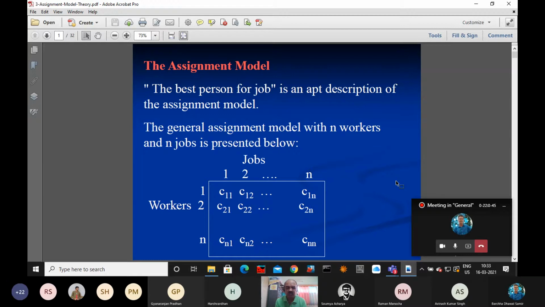With respect to the cost Cij, something like C11, C12, C1n, C21, C22, C2n, and so on, these are the cost matrix or time matrix. The time and the cost are proportional, so minimum time means minimum cost.